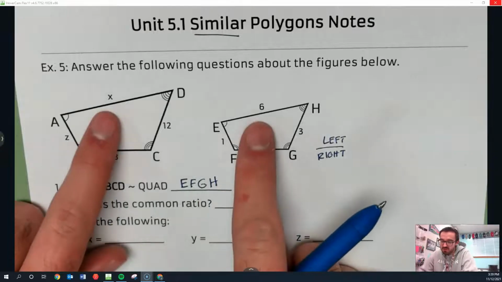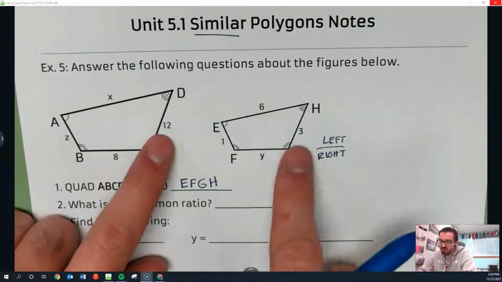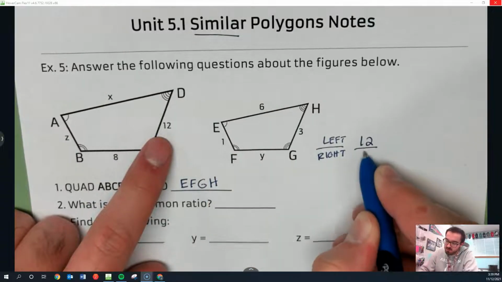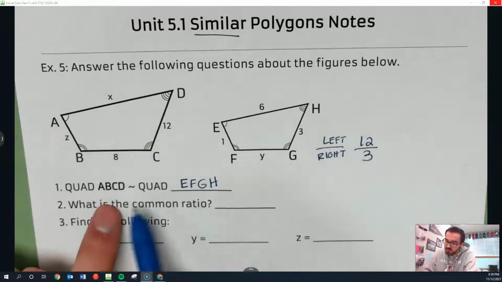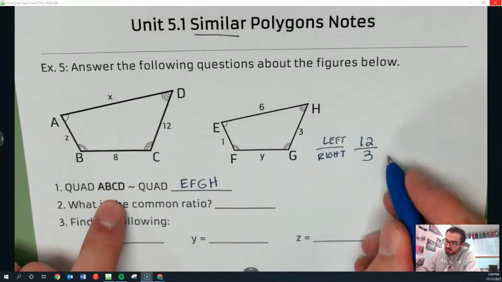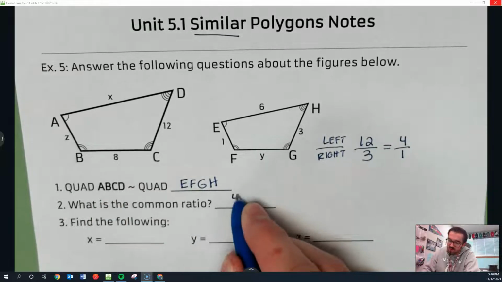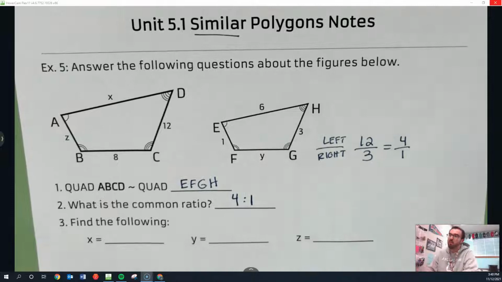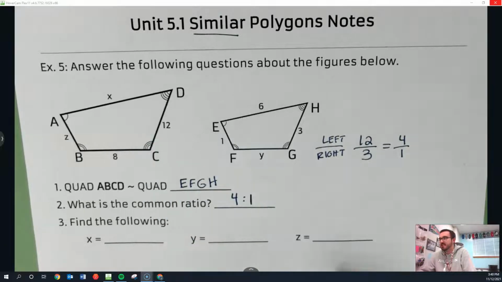No. So all those 3 that I just picked don't work because I have letters. What about 12 over 3? If we're going from A, B, C, D, that's 12, to E, F, G, H, that's 3. What is 12 over 3 reduced to? It would be 4 over 1. So your common ratio is 4 to 1. All right. So in other words, this is 4 times as big as this.